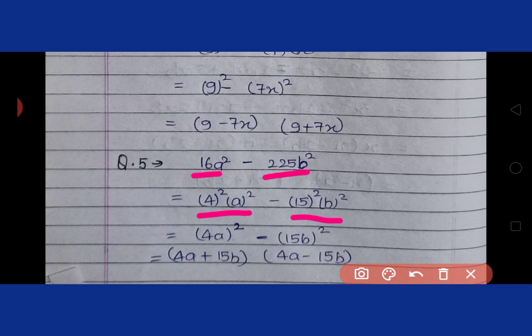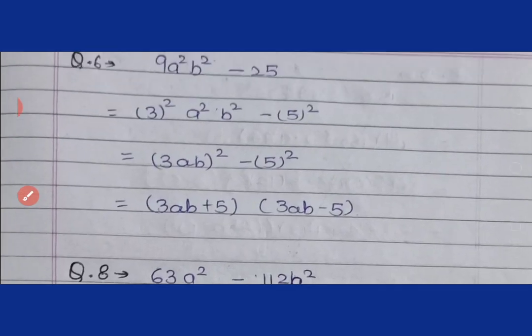As I have told you, when the powers are the same, then the numbers can be multiplied and the same power will be applied on the whole number. As 4a whole square minus 15b whole square. So it can be written in the form of a plus b and a minus b. So in the first bracket we have written 4a plus 15b and in the second bracket we have written 4a minus 15b. Now it is written in the form of a plus b in the first bracket and a minus b in the second bracket.